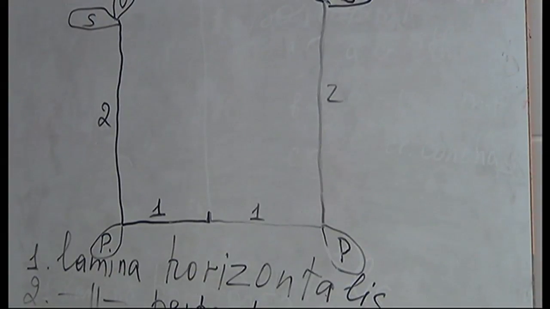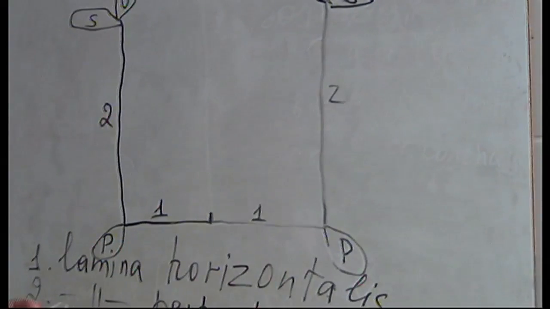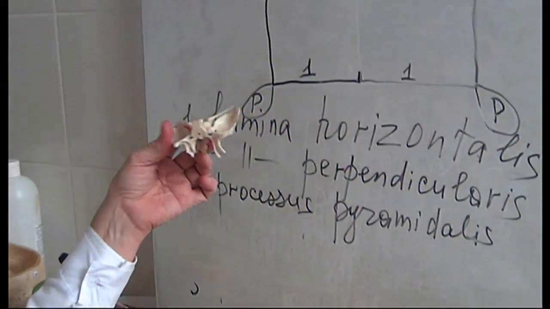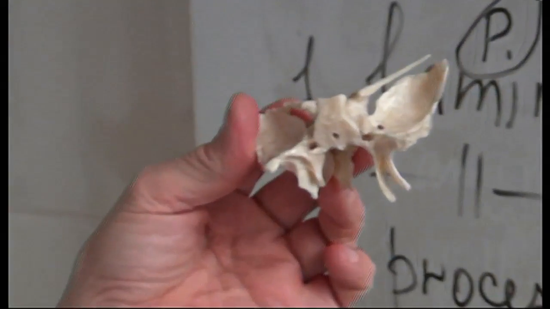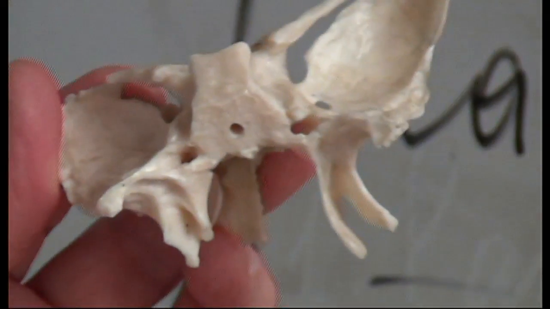But to find these processes in the skull, I'd like to use this bone. What is it? It's the sphenoidal bone.